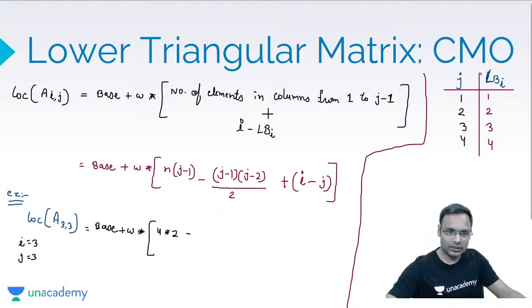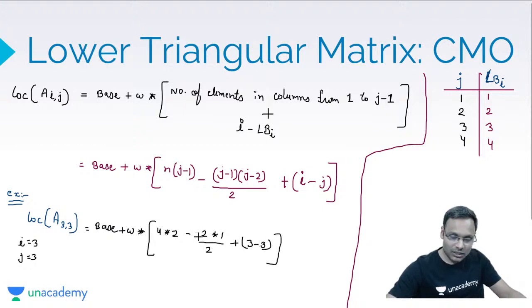Minus j, 3 minus 1, 2 into 3 minus 2, 1 divided by 2 plus I, 3 minus 3, 8 minus 1 plus 0, 7 I am getting.